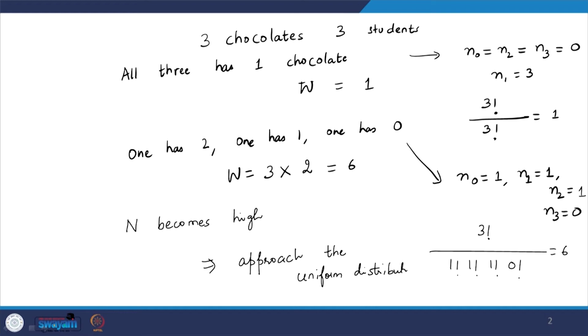And you can see why it has to be true, because let us say for example, if you have 100 students and you have 100 chocolates. Now, you may imagine that yes, it is very unlikely that all of them gets 1 chocolate, but it is also extremely unlikely, and it is more unlikely in the case of 100 students than compared to 3 students, that 1 student runs away with all the 100 chocolates. So, the distribution also becomes narrower as the number of students increases.